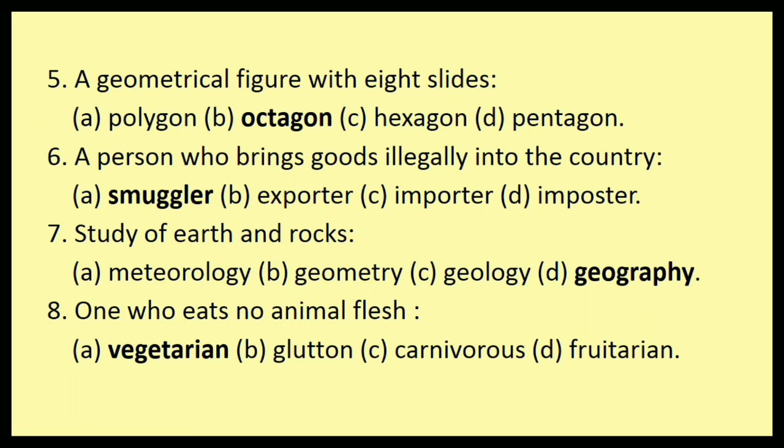Next, a person who brings goods illegally into the country. And the options are smuggler, exporter, importer, and imposter. And the right answer is smuggler, a person who brings goods illegally into the country, right?